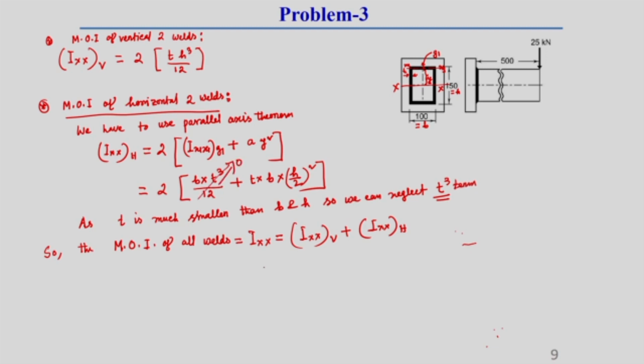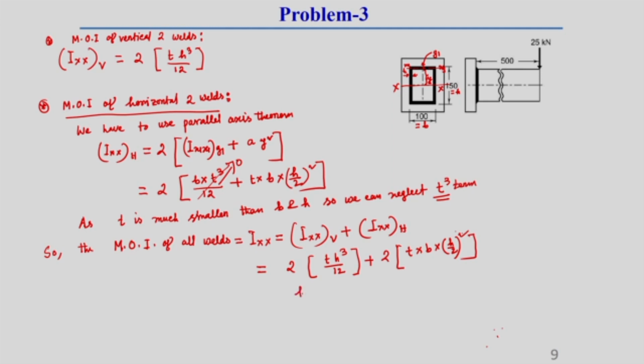So, what will be the moment of inertia we can get? Equal to 2 T H cube divided by 12 plus 2 into T into B into (H by 2) whole square, correct, because we neglect the T cube term.